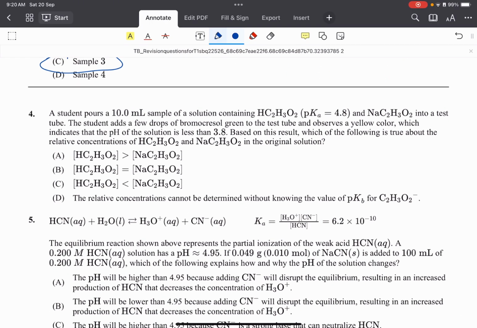Next question. A student pours a 10 milliliter sample of a solution containing an acid. Here's the pKa and NaC2H3O2 into a test tube. Here's the conjugate base. How do I know?